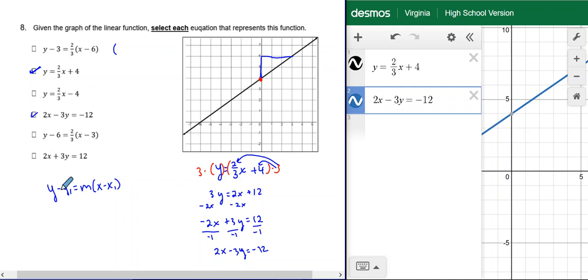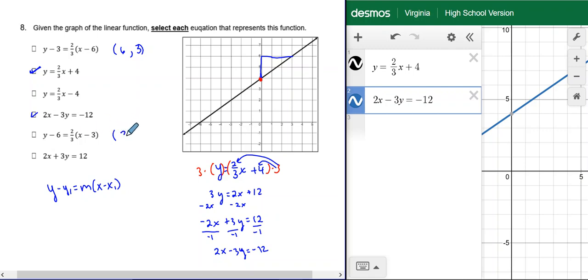The negative just means take the opposite of it. So if I take the opposite of -3 for the y coordinate, that would be +3, and then +6. Let me check if this is a point on the line. So +6, it's not even on here. So it's not going to be on the line. Let me find what the point is here.